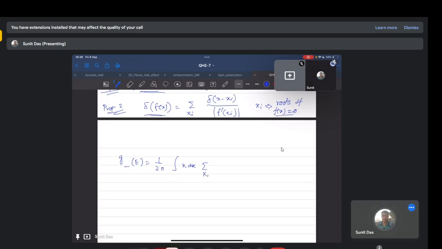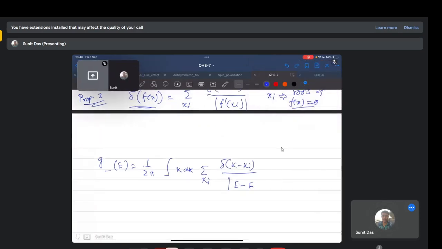So this is the sum over ki, and delta of k minus ki divided by, let me be more careful, the derivative with respect to k of E minus E plus of k at k equal to ki.